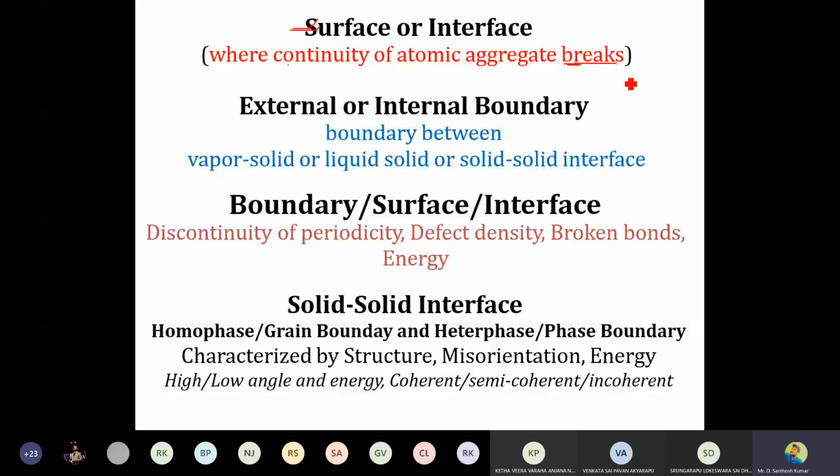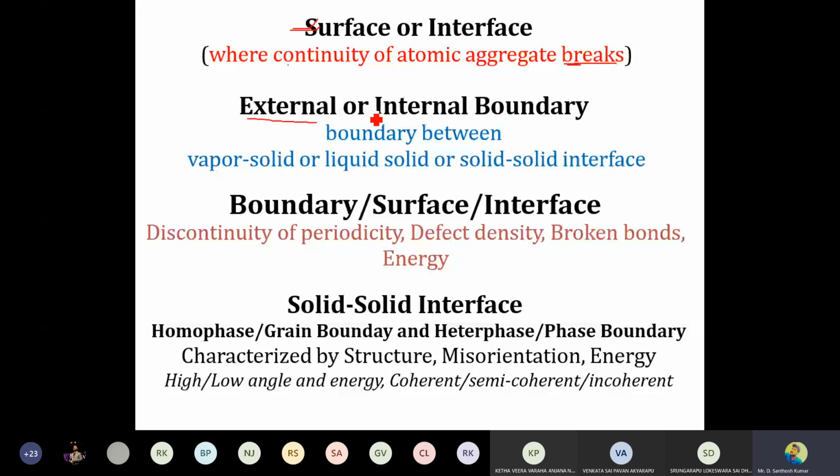This can happen either at external surfaces, such as a solid-vapor interface, or within the bulk of the solid, which we call internal boundaries.